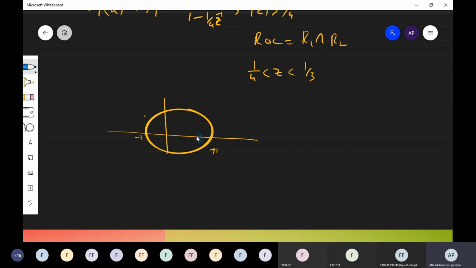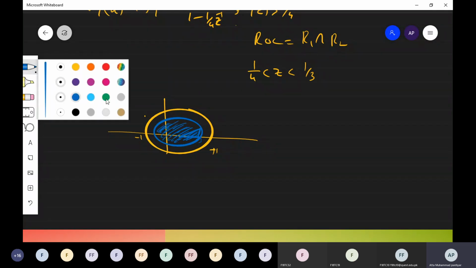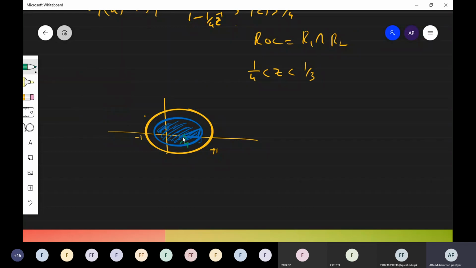So if I say 1/3 circle from here to here, for example, right? And the second, so the region of convergence for the first sequence is this thing, right? The second signal says that the region of convergence must be greater than 1/4, right? So this may be something here. So this signal says the region of convergence must be outside of 1/4, right?